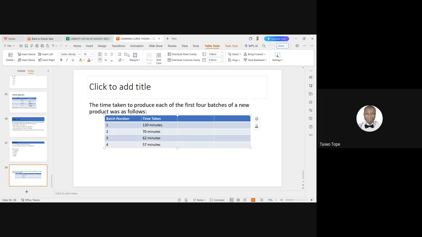Now, where I'm driving to is this. When you are treating learning curve, is batch 3 going to have any effect?